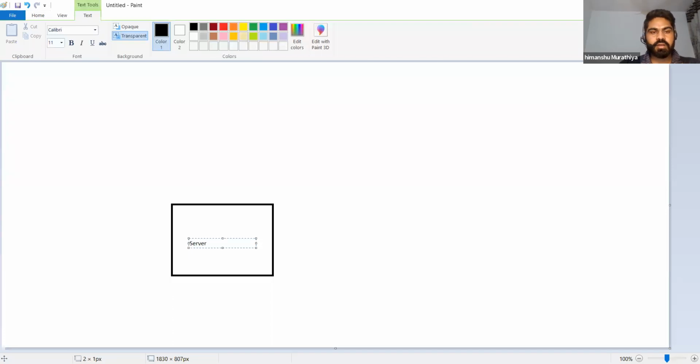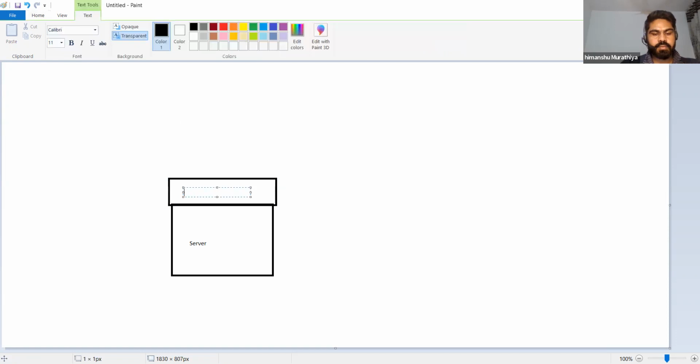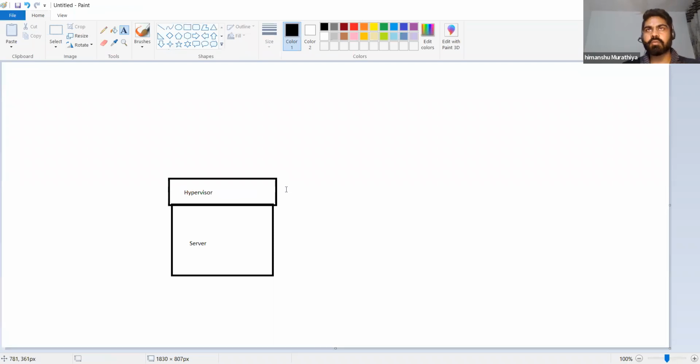When there was no hypervisor, we were directly installing an operating system onto this hardware machine, right? Now, we will install a hypervisor. What is a hypervisor?